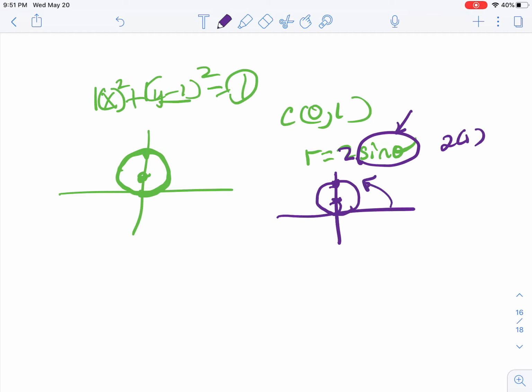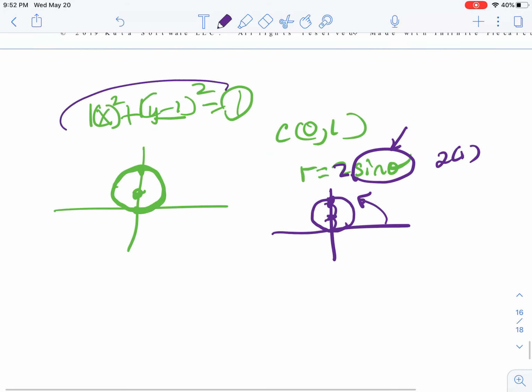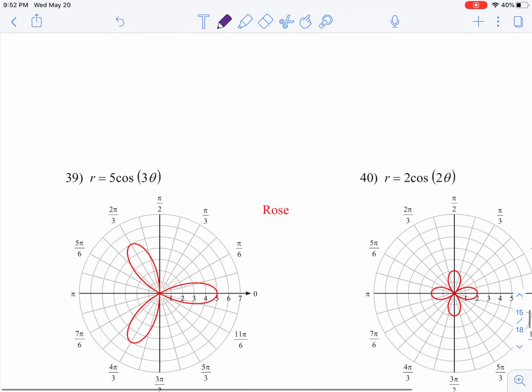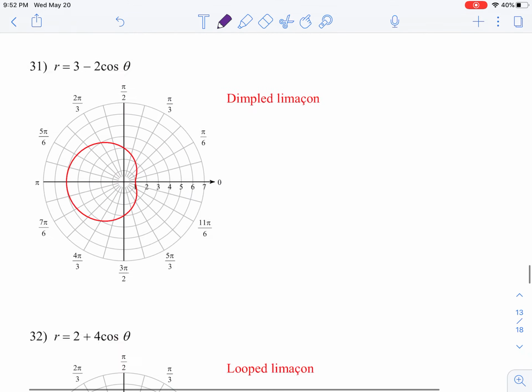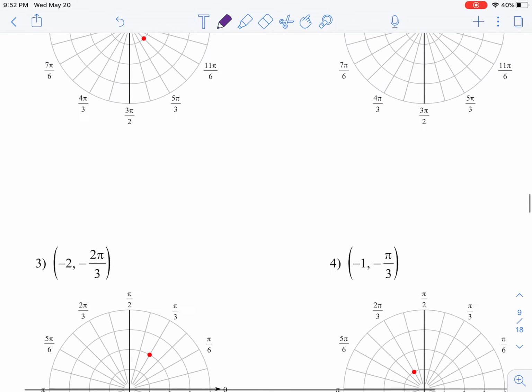So when you turn 90 degrees, you would go 2 units, and so on and so forth. So anyway, that's a good example of one written in rectangular coordinates, and if I type that in my calculator in polar coordinates, I would get the same picture. So it's the same equation in rectangular coordinates and in polar coordinates.